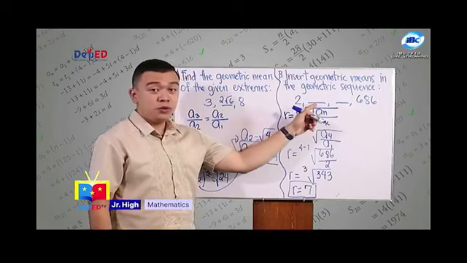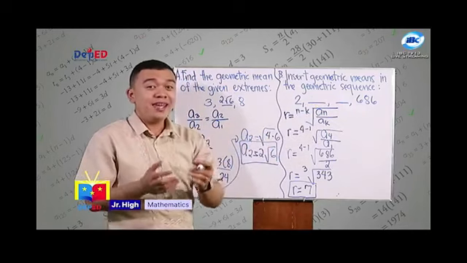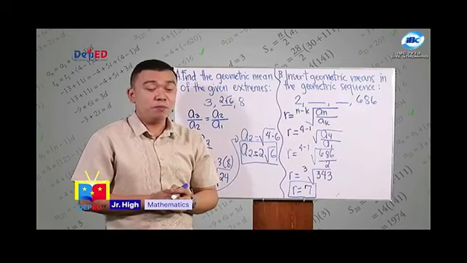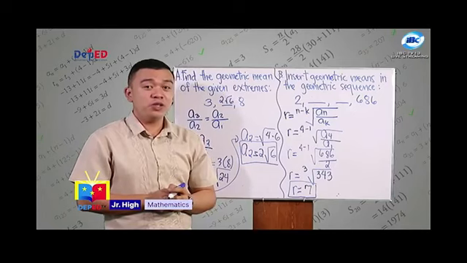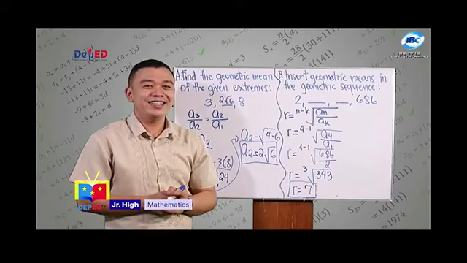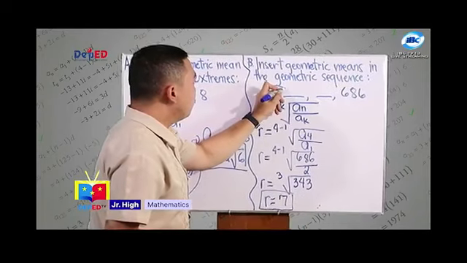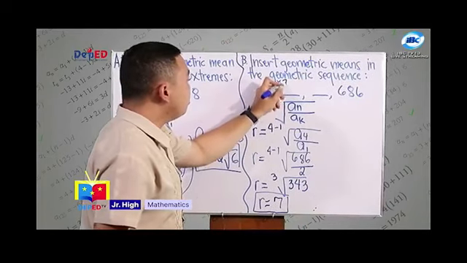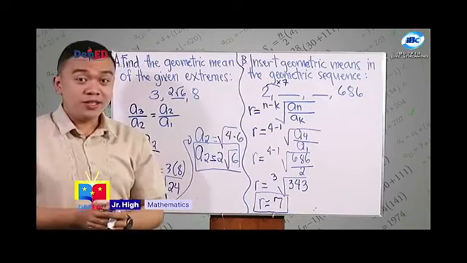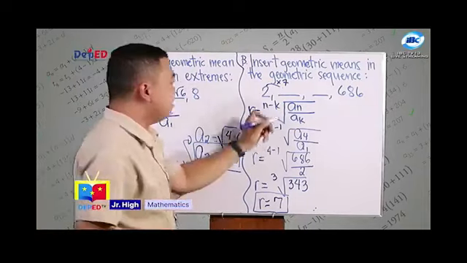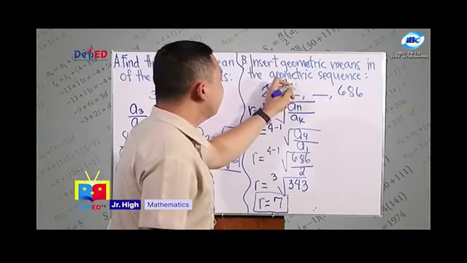To get a sub 2, we will multiply the first term by the common ratio 7. So 2 times 7 will give us 14. Correct.